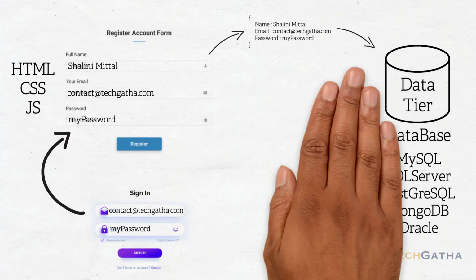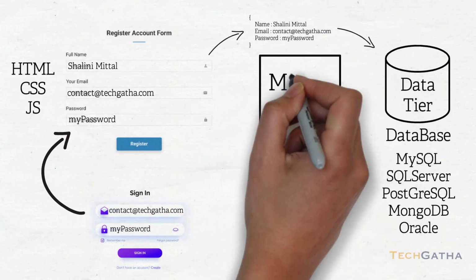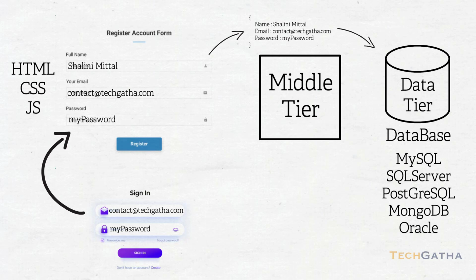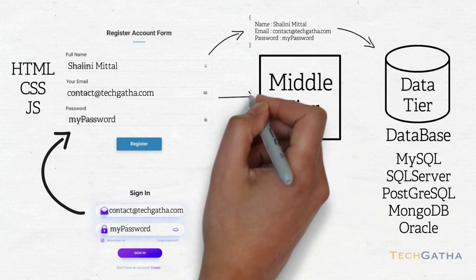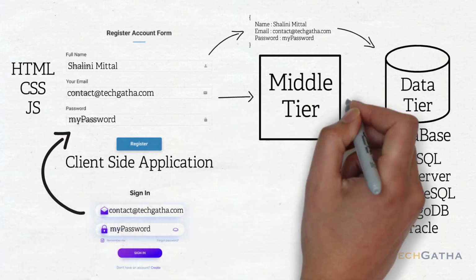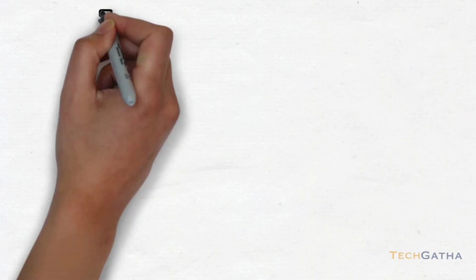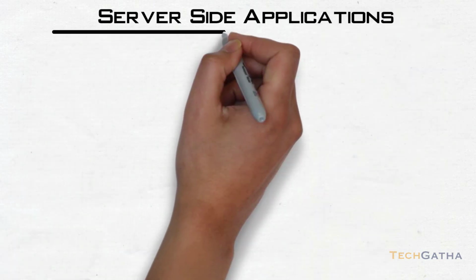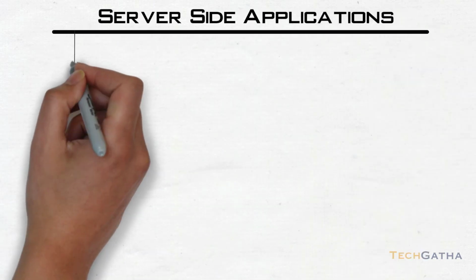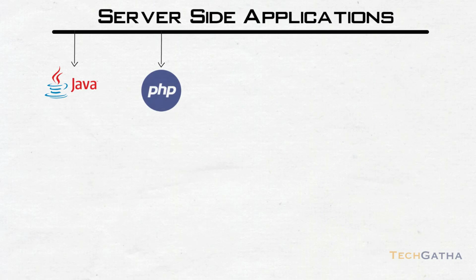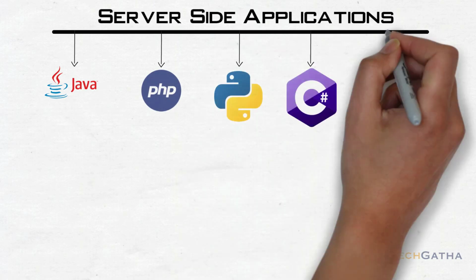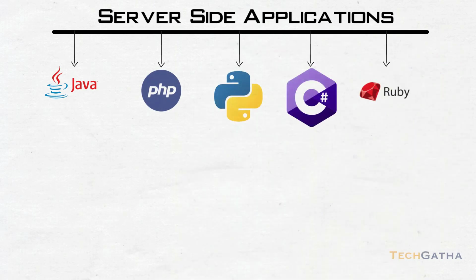So then we need a middle layer, also called the middle tier, which can actually communicate with the client-side application as well as with the database. This layer is where you actually create server-side applications. To create server-side applications, you can use any of the following languages like Java, PHP, Python, C#, Ruby, etc.